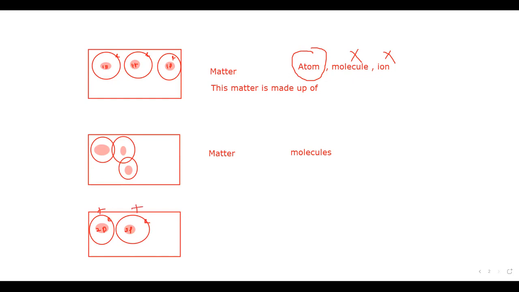So if the matter consists of atoms with different numbers of protons and electrons, we say that matter consists of ions. So a matter can be made up of atoms, molecules, or ions. Is it clear? Any doubt? Any question about the concept of atoms, molecules, and ions?